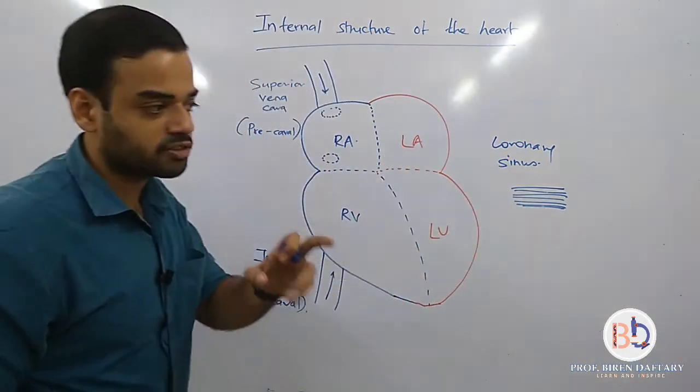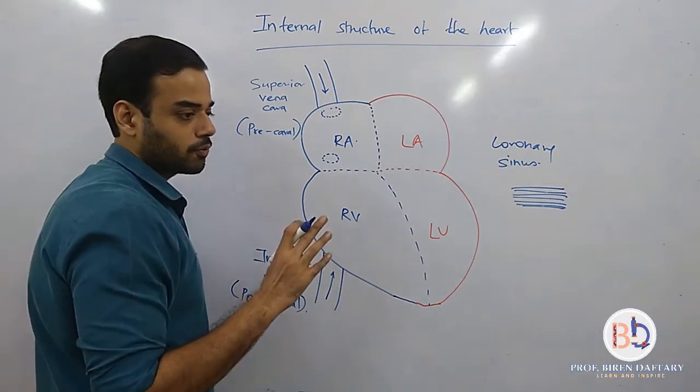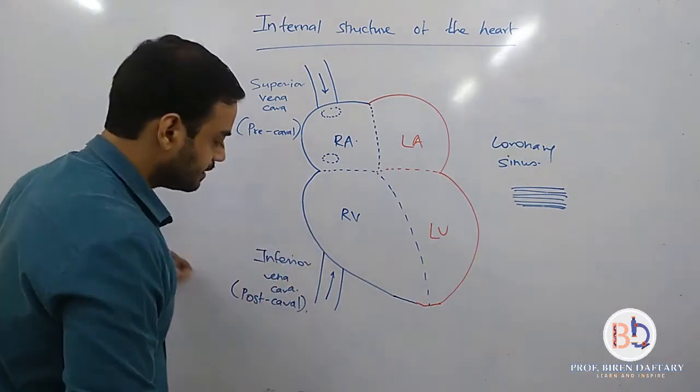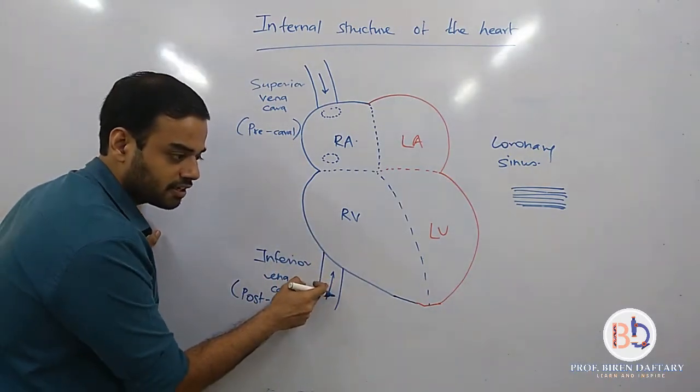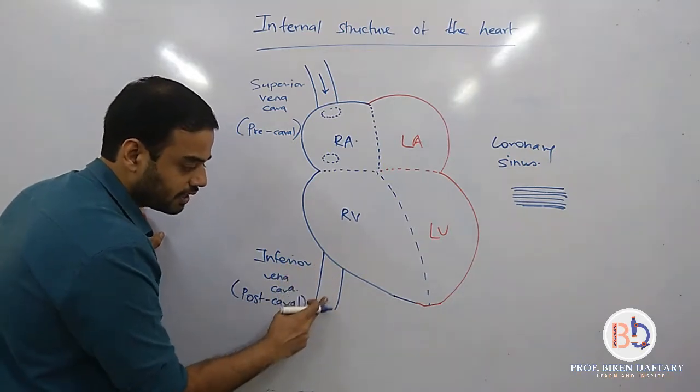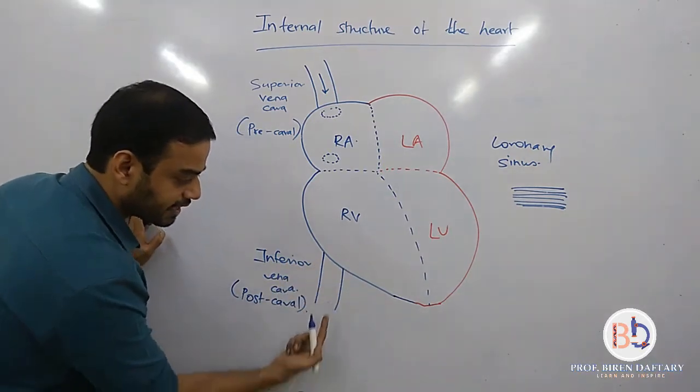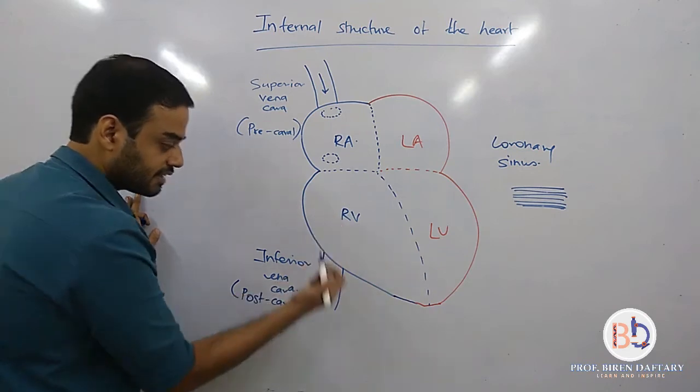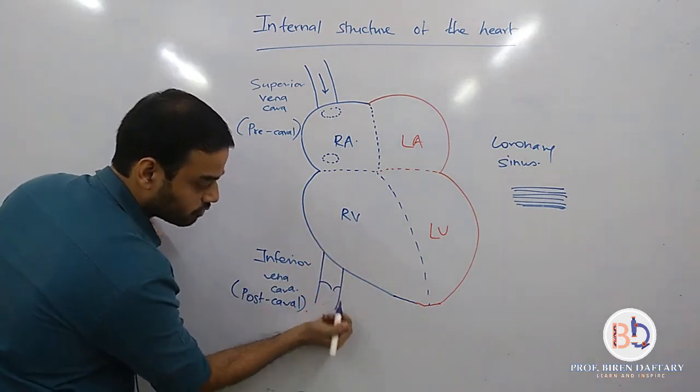Same thing you have to explain, just explain the direction of the blood flow. Now, this inferior vena cava, if you remember I had told you this, that since it is flowing against the gravity, that is why there is a valve present over here.